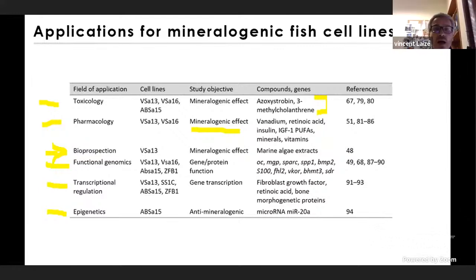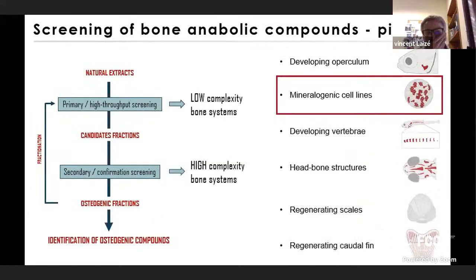So I will now talk a little bit more about the use of these cell lines in bioprospection. We have been involved for several years in several projects, with people at the CCMAR, such as the Algared project, but also some people in Spain and in Portugal.